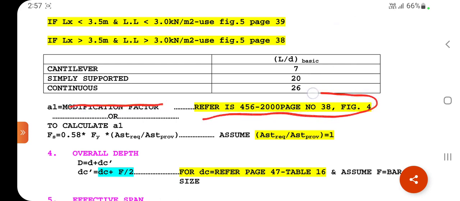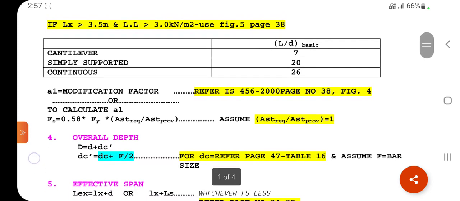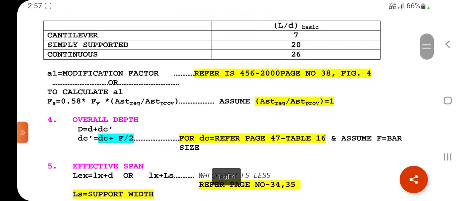If we refer to figure number 4 of IS 456-2000, which is available on page number 38. For calculation of alpha 1, we need to calculate the Fs first. Fs is equal to 0.58 into Fy into Ast required divided by Ast provided.